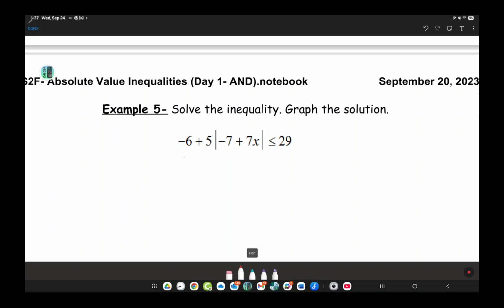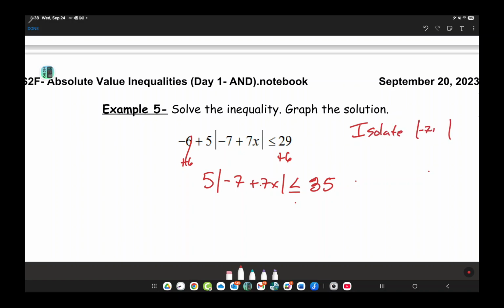We still don't have it isolated. So what I'm going to do, since this is multiplication, how do you get rid of multiplication?